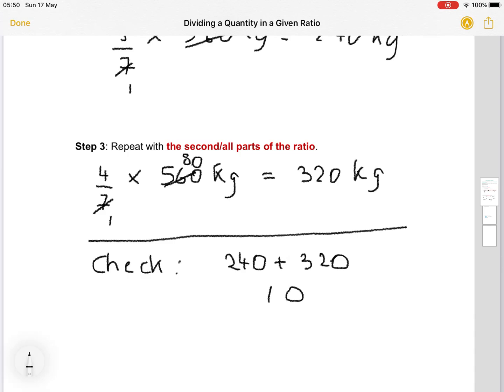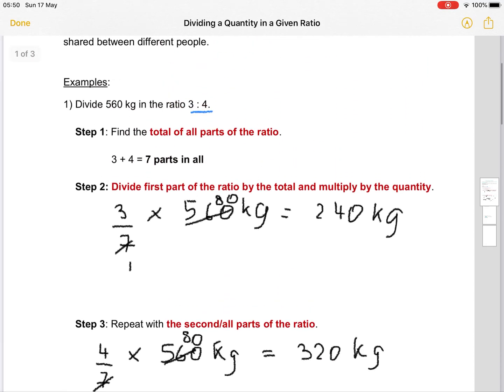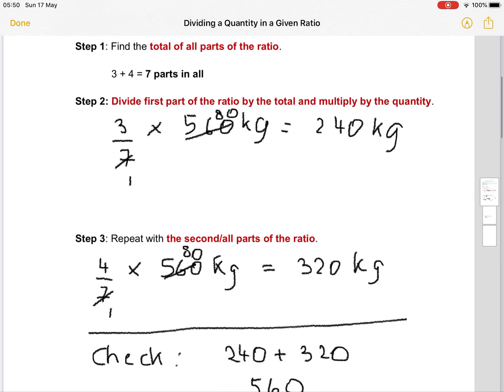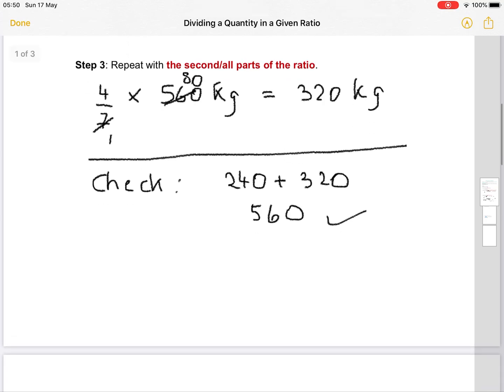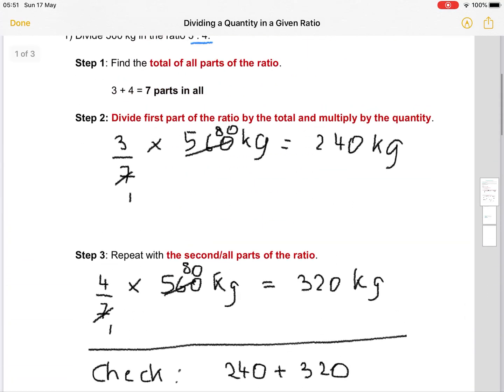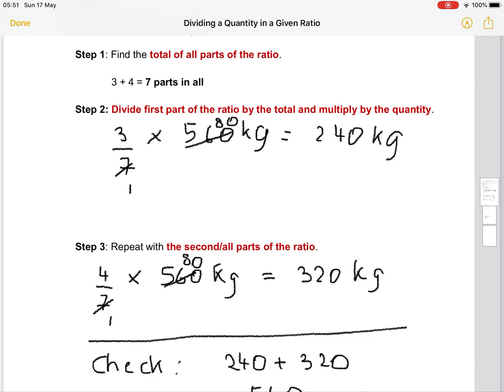If my total adds up to the quantity I was given first, the 560, then my answer is correct. So those are the steps that I should do. I add all the parts of the ratio, I divide the first part of the ratio by the total and then multiply by the quantity, and repeat that step for all the parts of the ratio that remain.